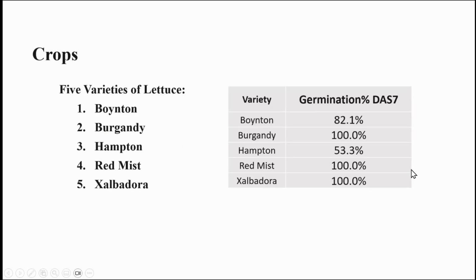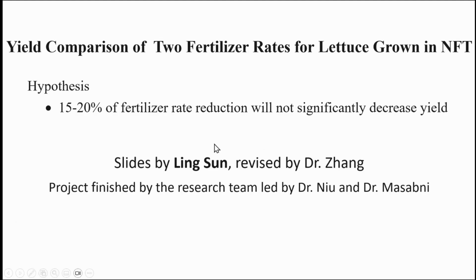As we mentioned in our hypothesis, we want to test if we reduce the fertilizer by about 17%, will it affect our yield? If it will not affect our yield, that's desired because we can save the fertilizer input and also make our production more environmentally friendly.